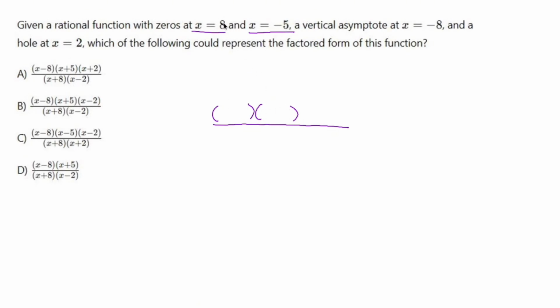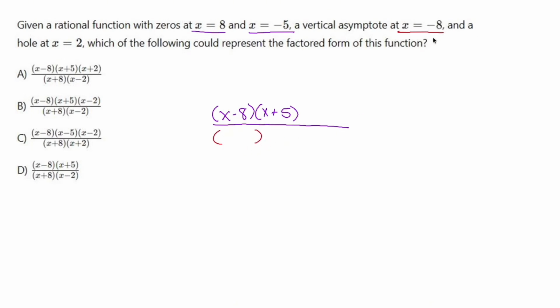So the only way that would work is if you have 8, you're going to make a factor of x minus 8, the opposite. If you have -5, you're going to have a factor of x plus 5, the opposite. Because plugging in 8 would make you 0, plugging in -5 would make you 0. That's the zeros part. If it has a vertical asymptote, that means there's going to be a factor living in the denominator all alone by itself.